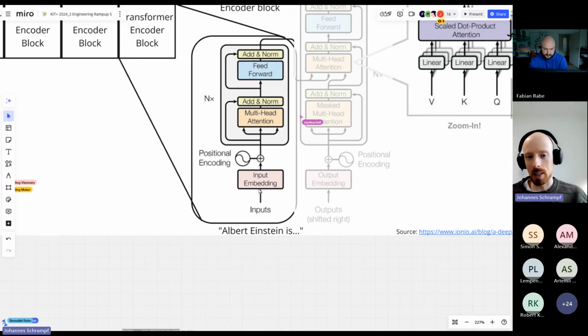Then this input is being transferred into input embeddings. What are input embeddings? Well, basically, we have to translate the raw text into a numerical representation, right? And for this, we use a so-called tokenizer. The tokenizer splits our text into this numerical representation, and it does some more work. It splits some words in order to make the representation more efficient. But we do not care about this so much because it's not super important.